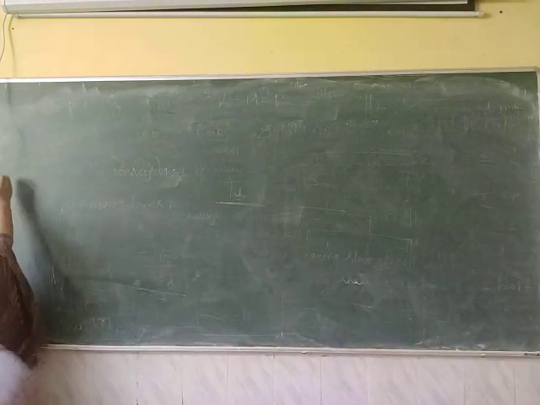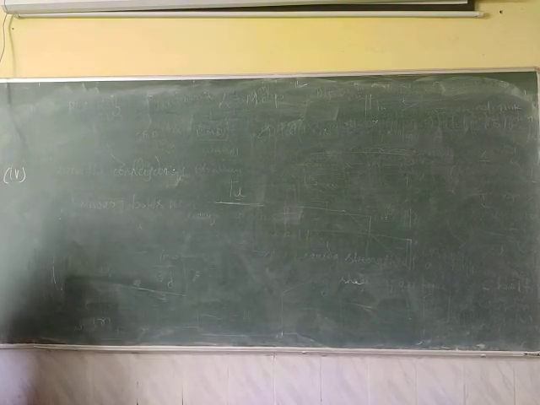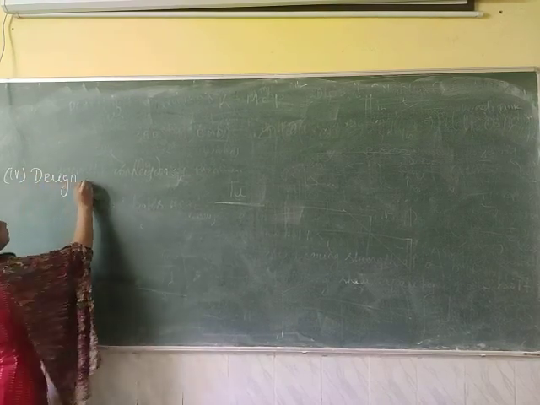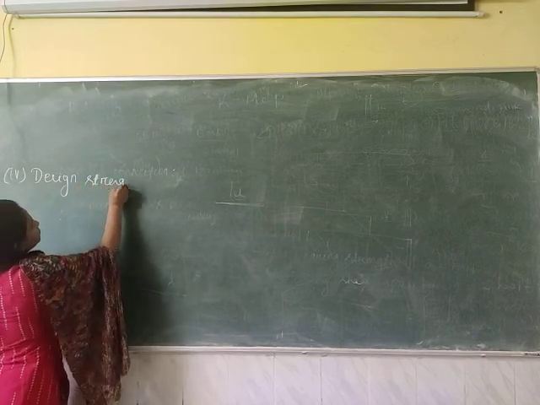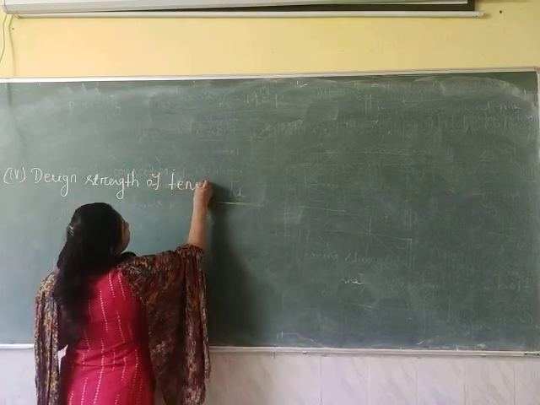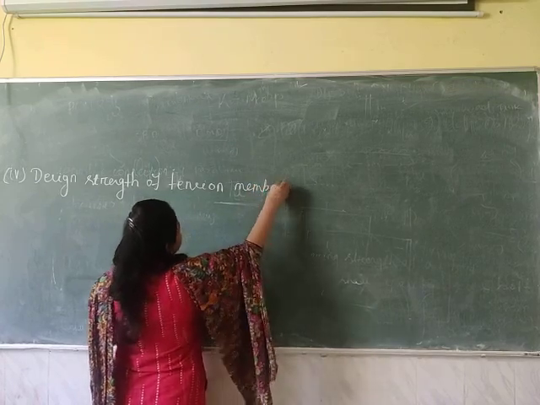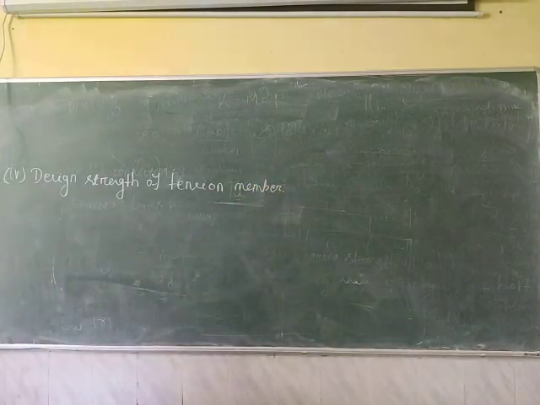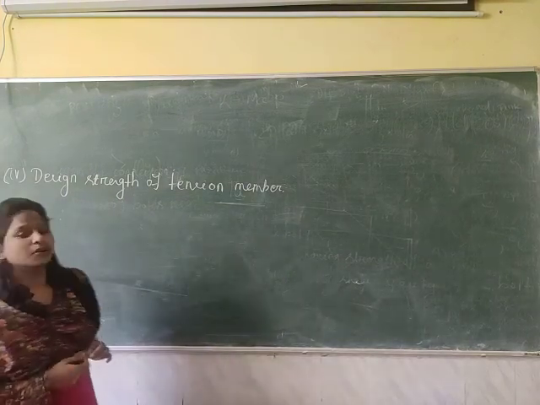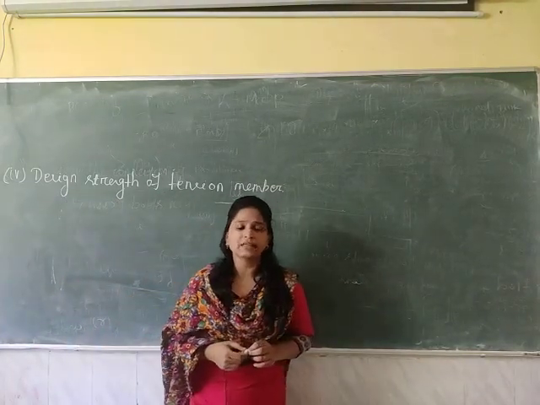Okay, so in the fourth step, you have to calculate the design strength of tension member. The design strength of the tension member can be calculated by determining the yield strength of gross section, rupture strength of critical section and block shear strength.